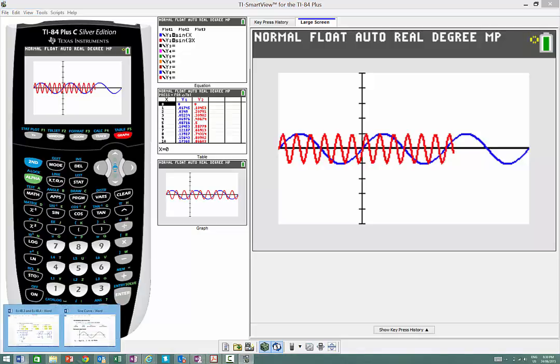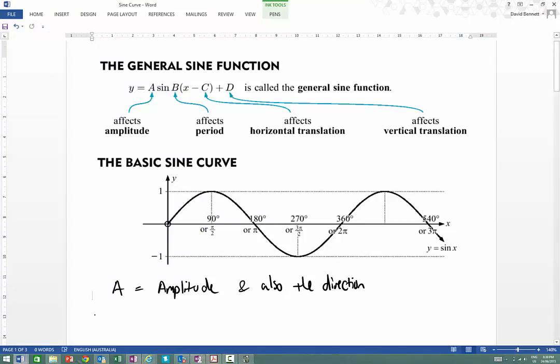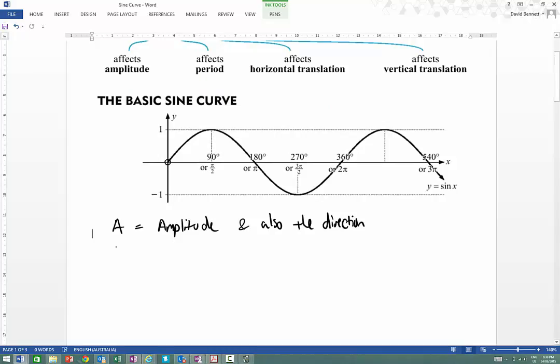Now, the important thing if we're looking at our B value is that it tells us the period of the wave, or it certainly determines the period of the wave.